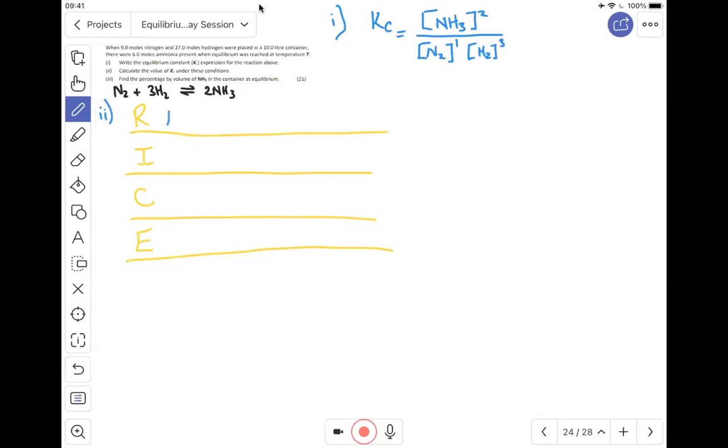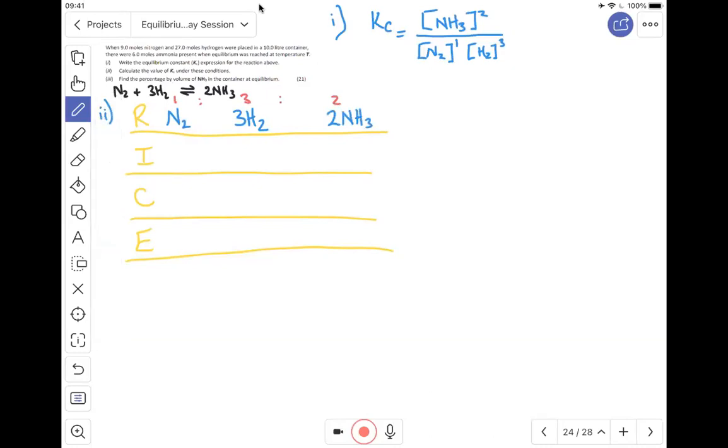For the reactants, we've got N2, 3H2, and then we have our product, which is 2NH3. Now, what I am just going to note in red on the top here is the ratio. This is a 1:3:2 ratio, and this will be important when we come to do a little bit more on the calculation in a moment. So you write out your reaction for the question.